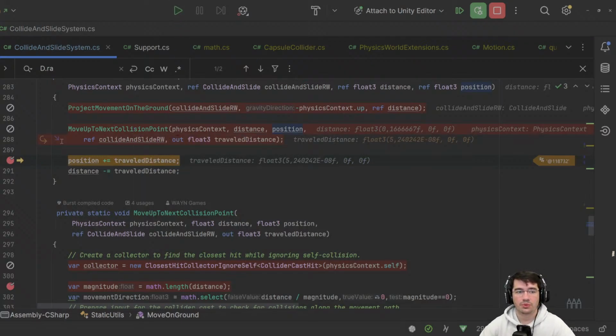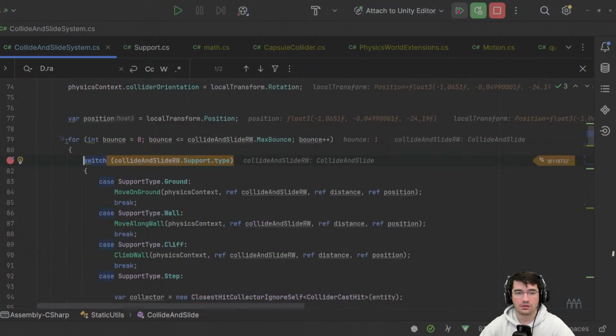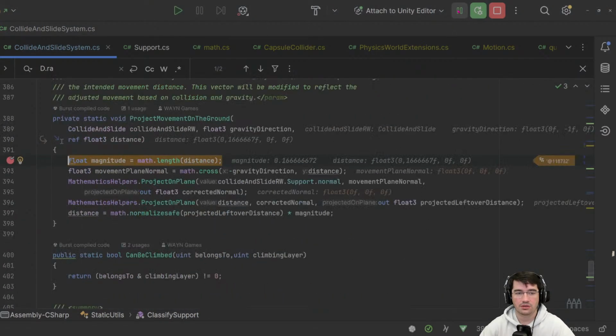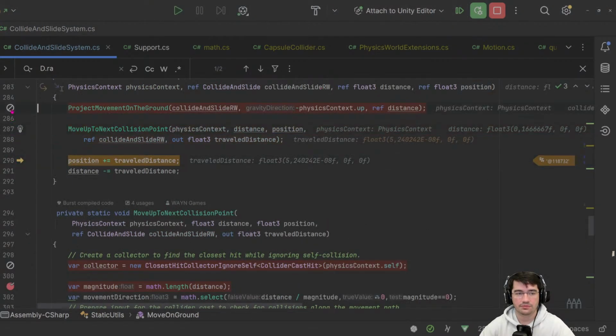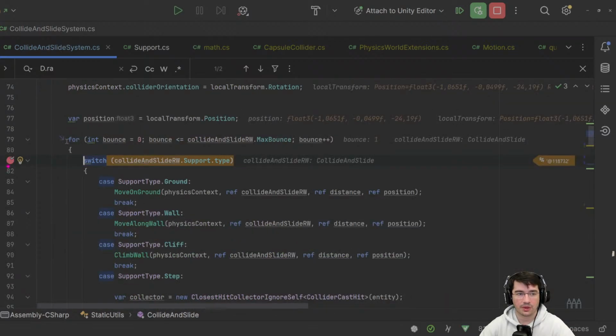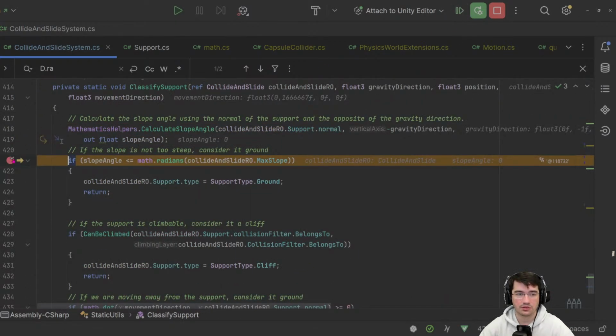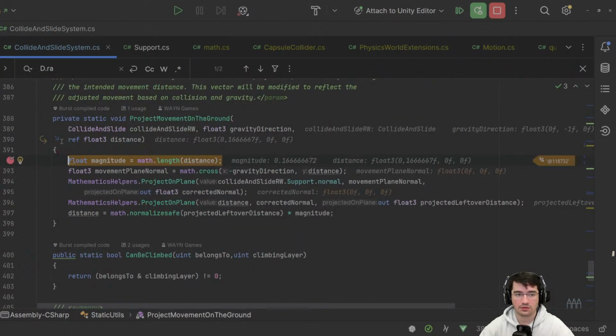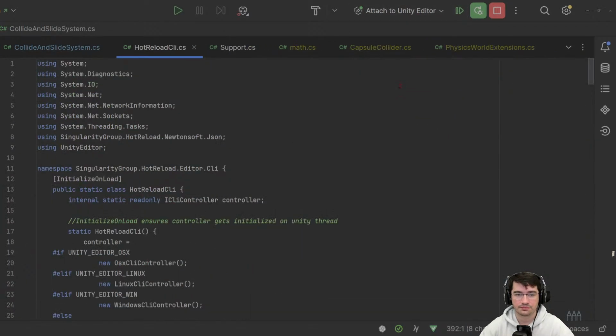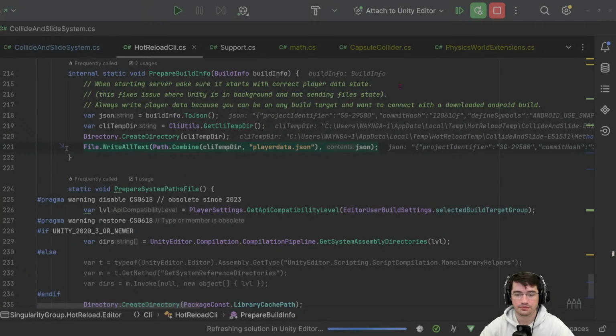Let's stop everything. Recompile and try again. Where is my editor?